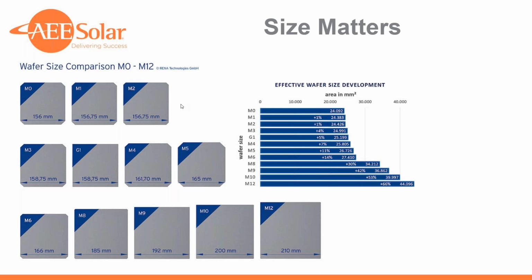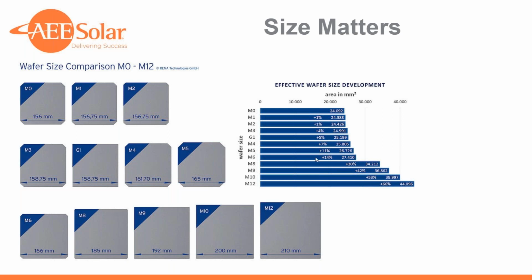But remember back to your plain old physics, that in a square, the increase is a geometric function. You increase one side and you increase the area by a much larger factor. So the comparison here in this chart on the right is M0 versus M2. M2 saw a 1% increase in overall wafer area. From M0 to M6, that was 14%.